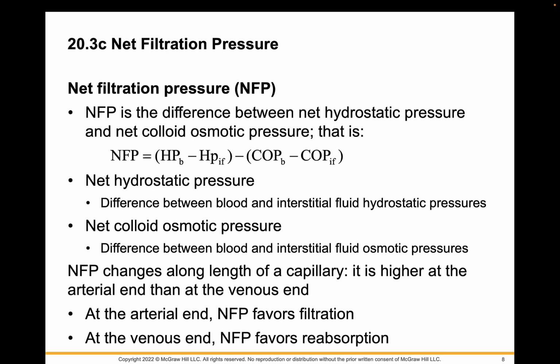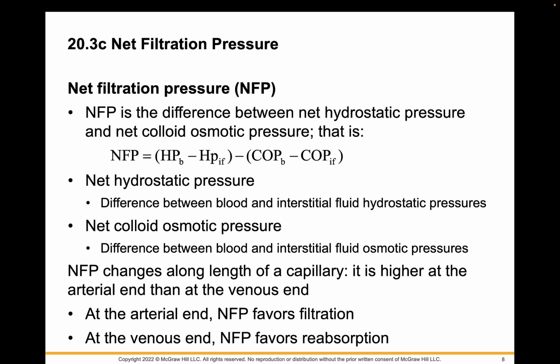So let's keep in mind, we're really looking at that tug of war that's happening between capillary hydrostatic pressure and capillary oncotic pressure. Now, if we look at net hydrostatic pressure, that's the difference between blood and interstitial hydrostatic pressures, whereas the colloid or oncotic pressure is the difference between capillary oncotic and interstitial fluid osmotic pressure.